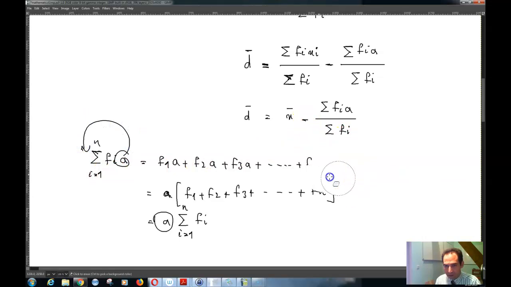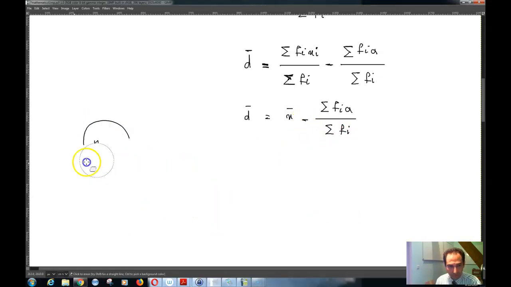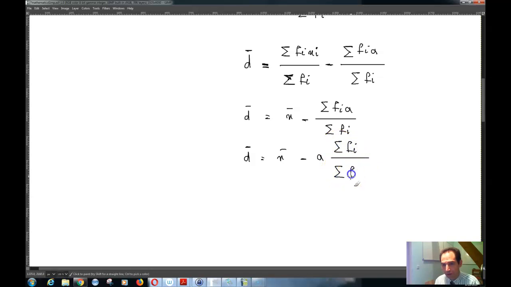Now, these are the cool things in mathematics, really. For example, this sigma notation does work like magic. So d bar is equal to x bar minus a times sigma f of i over sigma f of i, and sigma f of i over sigma f of i is equal to 1.